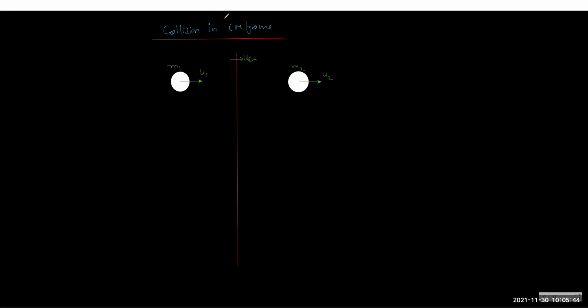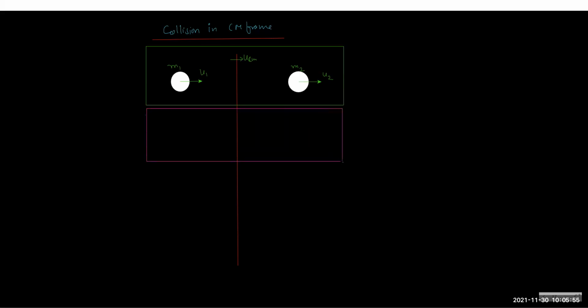So now this is the situation in the ground frame. So we have u1, we have u2, and we have center of mass. In the CM frame, we know that if you compare u1, UCM, u2, what we can say is that UCM must be more than u2. Why? Because eventually both will hit the center of mass.